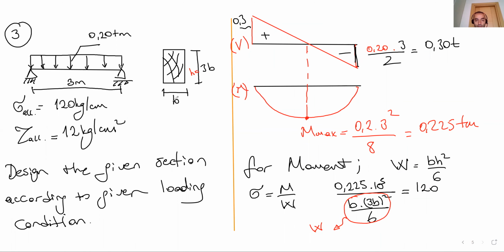It's proportional with 1 and 3. That's why we write this equation like this. So when we write this equation here, we will have only one unknown, only B. Yes, it's easy to calculate B here.